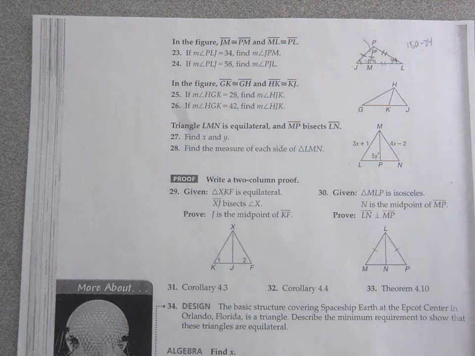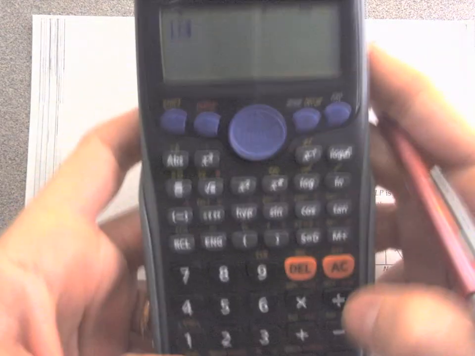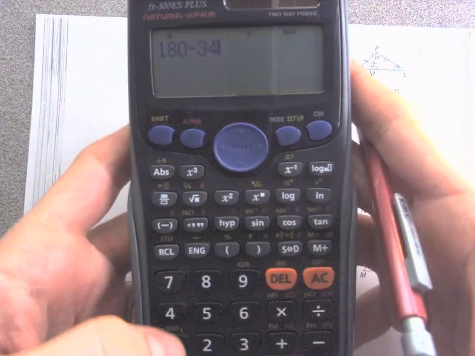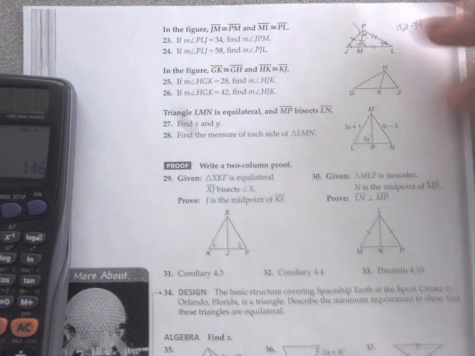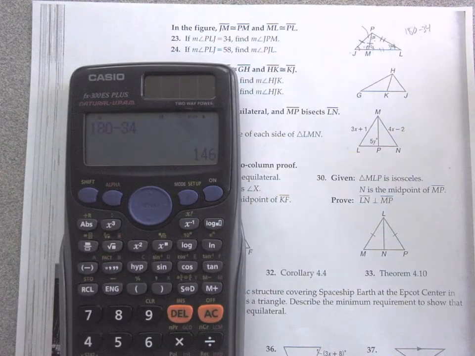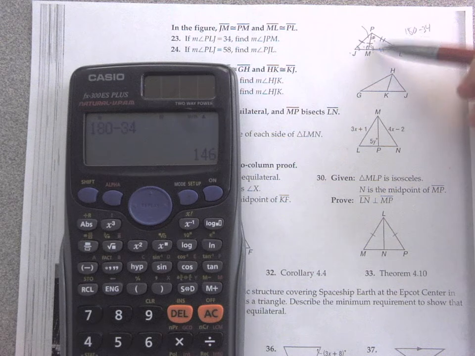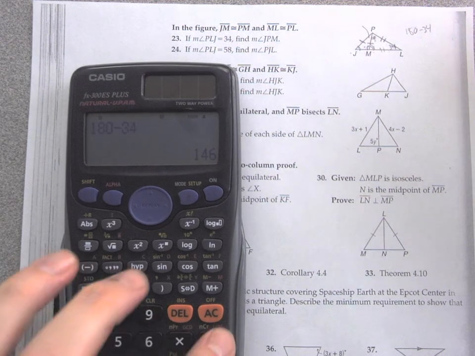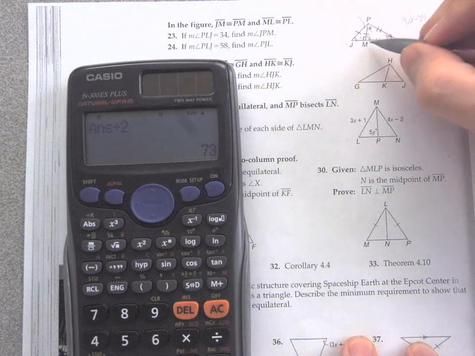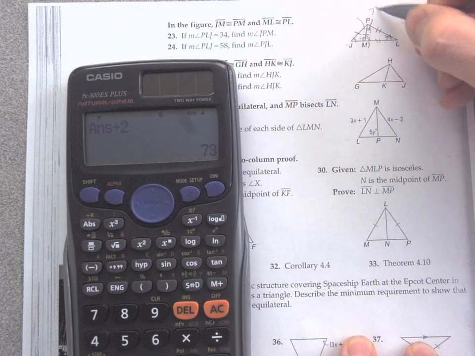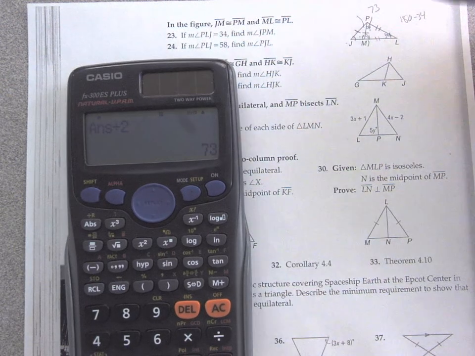So I'm going to do 180 minus 34. Now what I know is that the sum of these two angles has to be 146. But remember, they're exactly the same angle. So I'm going to take 146 and divide it by 2, and that's going to give me 73. So each of these angles is 73 degrees.